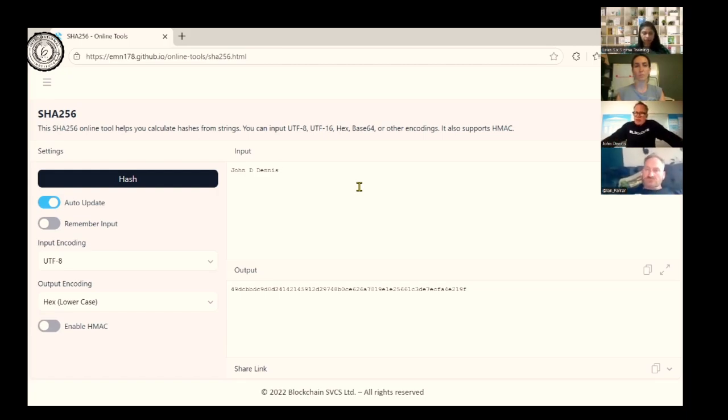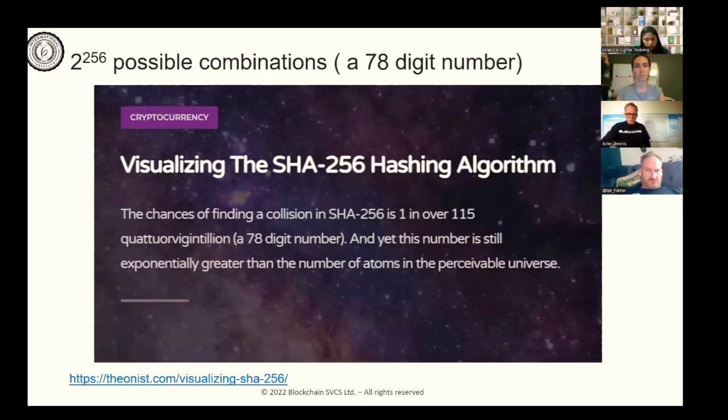Whenever you create a hash, you get a unique hash. Why are we confident it's unique? It's because the chances of producing two hashes the same is smaller than the number of atoms in the perceivable universe. It's one of those weird things.